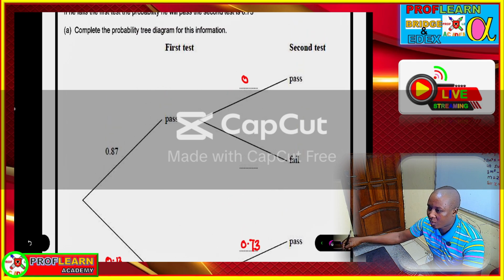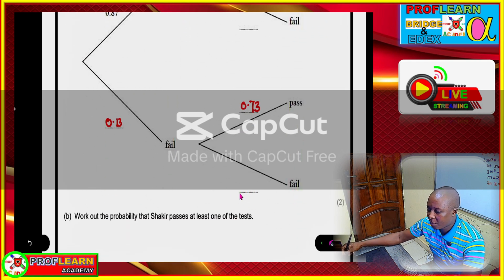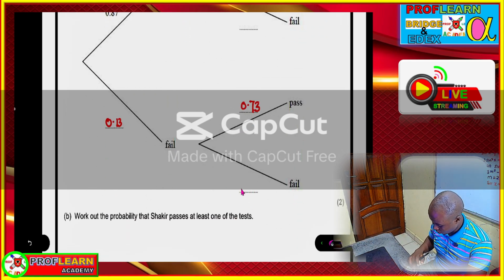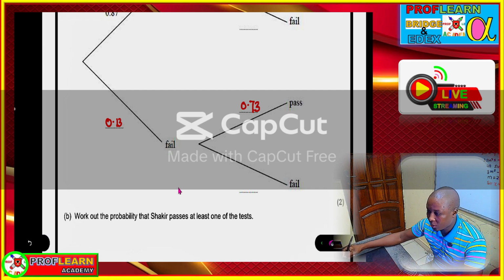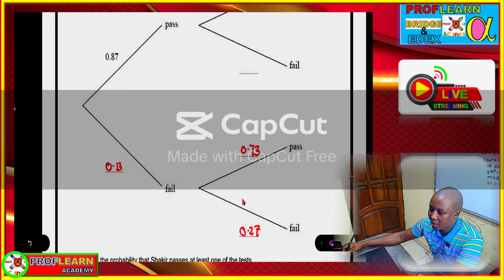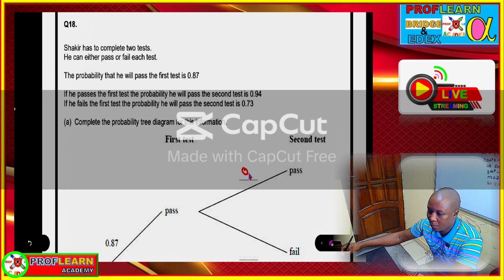And then the probability of failing that will be 1 minus 0.73, and that is going to translate to 0.27.